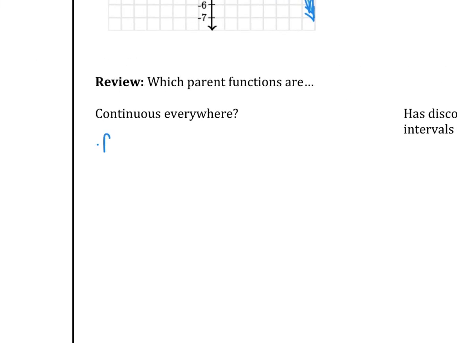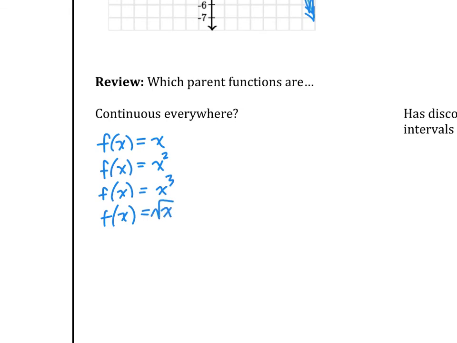All right, so let's look at it. Continuous everywhere: f of x equals x, that's the linear function, it's always continuous. f of x equals x squared, f of x equals x cubed, f of x equals square root x. Now you might say square root x does not go on forever. Yes, it doesn't go on forever, but wherever it actually exists, it is continuous.